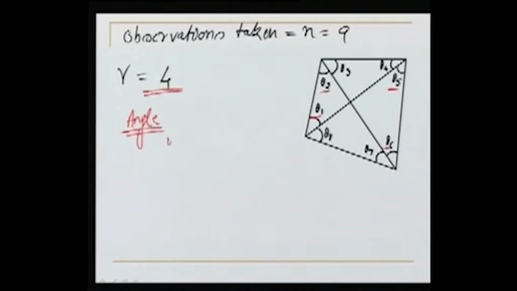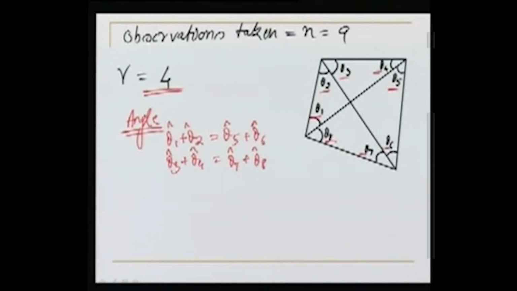Of course, all these are the adjusted values, so I am putting hats. Theta 1 hat plus theta 2 hat is equal to theta 5 hat plus theta 6 hat. Similarly, theta 3 hat plus theta 4 hat is theta 7 hat plus theta 8 hat. What I am doing is, this plus this is this angle plus this angle.